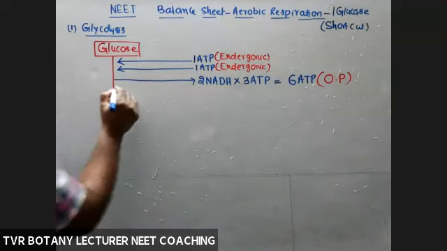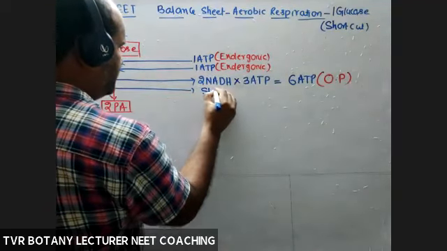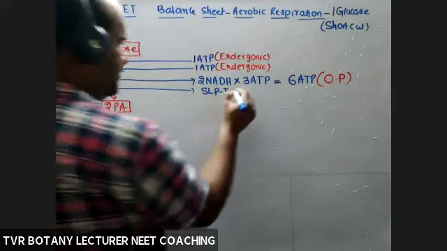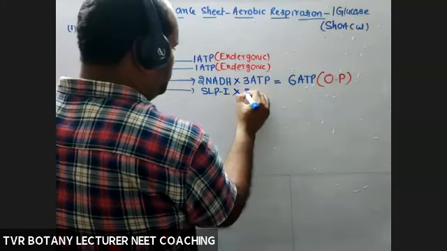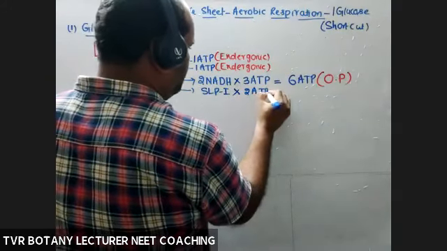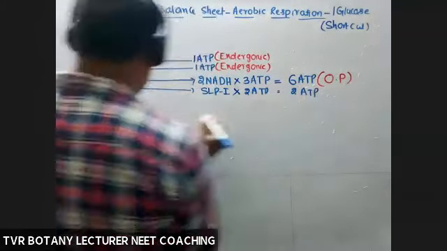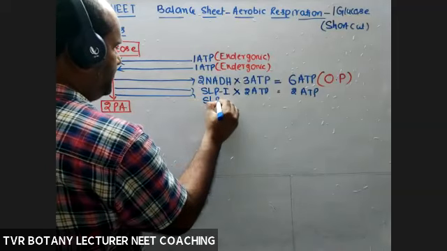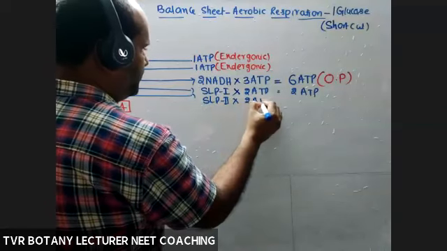Next, SLP 1. Two reactants, so two molecules of ATP. Two ATP molecules.